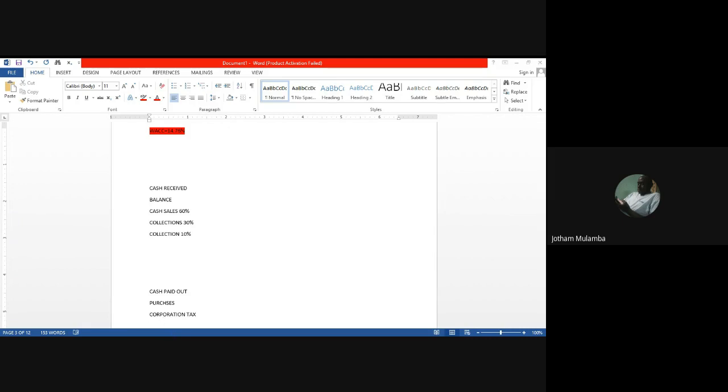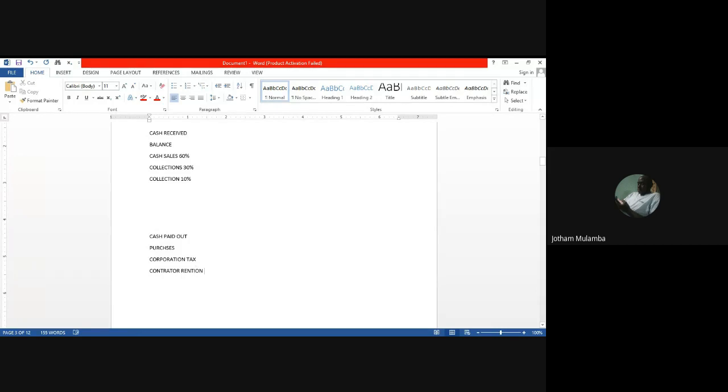Then we progress. Contractors' retention monies amounting to Kenya shillings 50,000 will be paid on 30th June 2016. So that's money out. Contractor retention means there's a contractor who had done work and the money had been retained. Then read the next one.